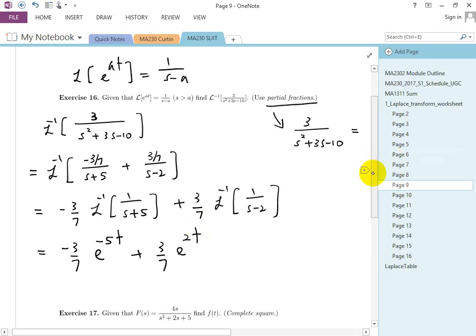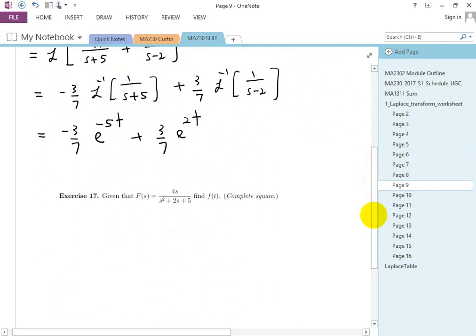Now if you look at the next one, if you try to do the same thing, you will see you cannot factor that. In that case you can complete the square. So here the given function F of s is s over s squared plus 2s plus 5.